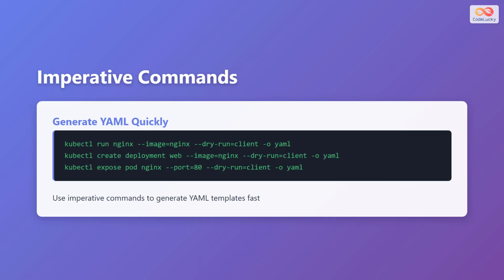Similarly, you can use kubectl create deployment and kubectl expose commands with these same flags to quickly generate deployment and service YAML files. This technique saves enormous amounts of time and eliminates syntax errors that often occur when writing YAML manually.